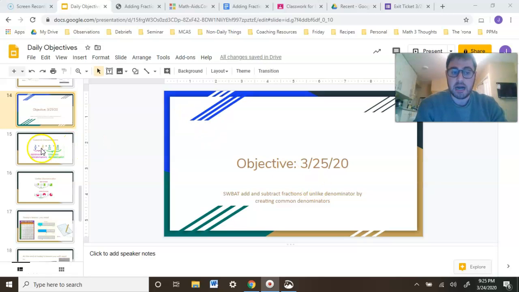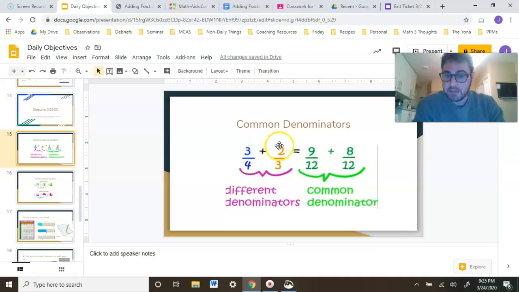So quick review, common denominators. Hay different denominators, 4, 3 son diferentes. And then equivalent fraction here with common denominators que son la misma. So diferente, different, common, lo mismo.